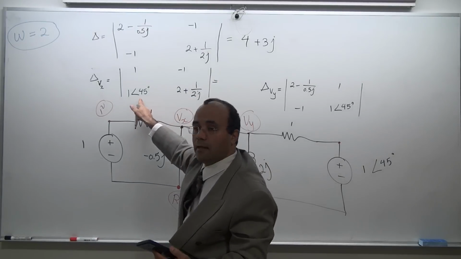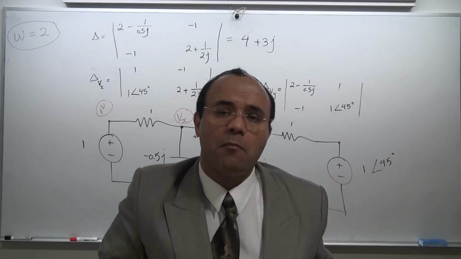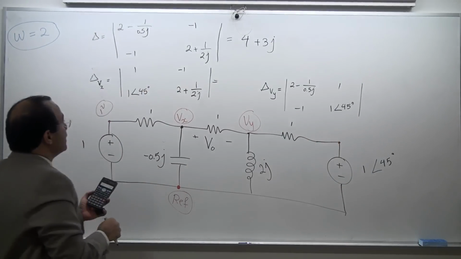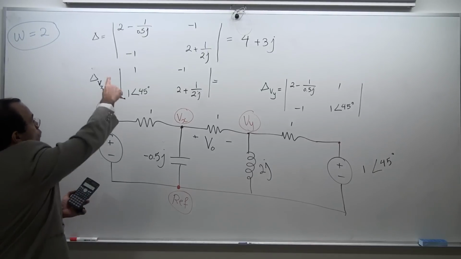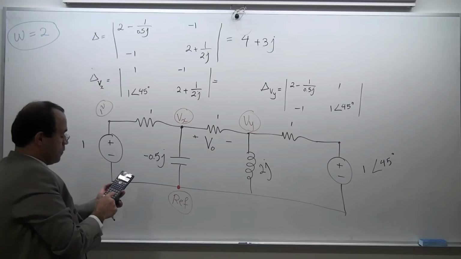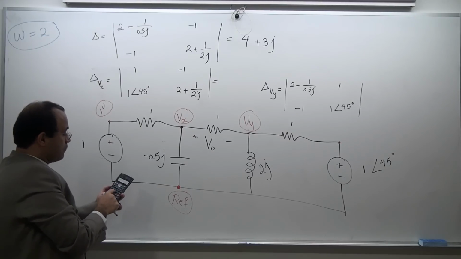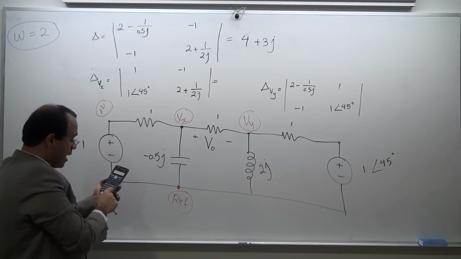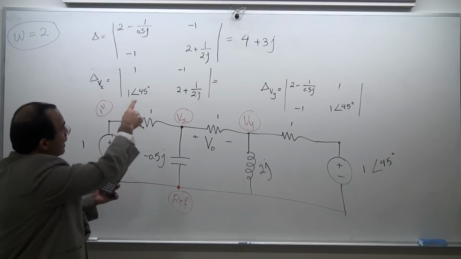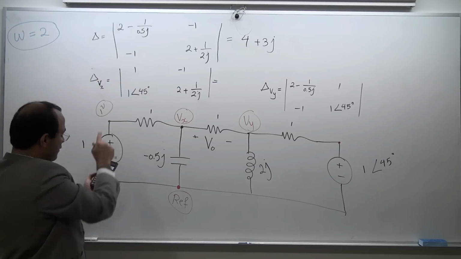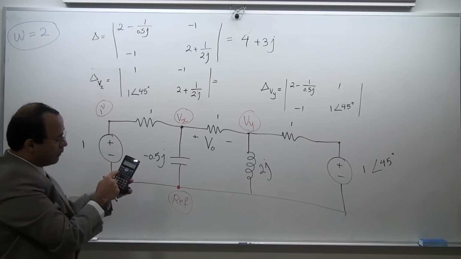And you see I have a polar representation. I'm not going to be worried about it. I'm just going to use the calculator to do the job for me. Well, 1 times this is going to be this one, right? So it's going to be 2 plus 1 divided by 2j. Remember, 2j is going to be inside the bracket, minus open bracket, minus 1 on top, times this is 1 angle.